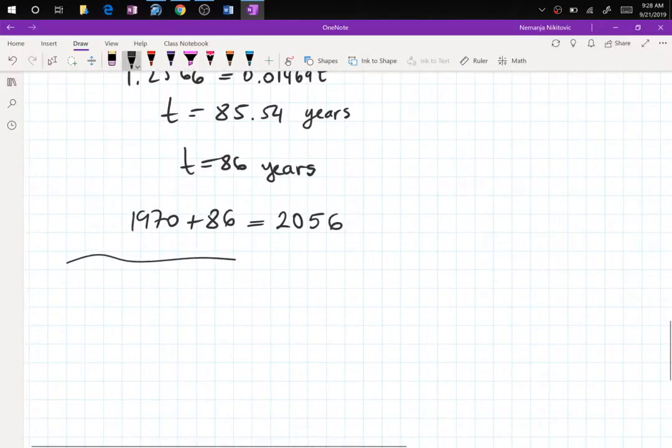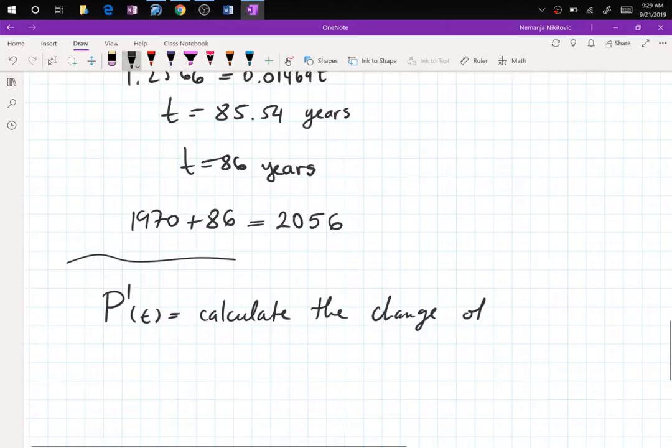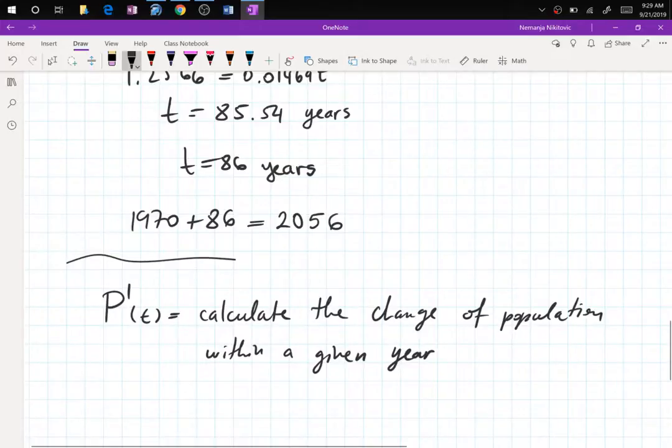So P prime of t would calculate the change of population within a given year.